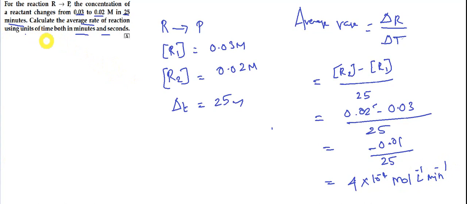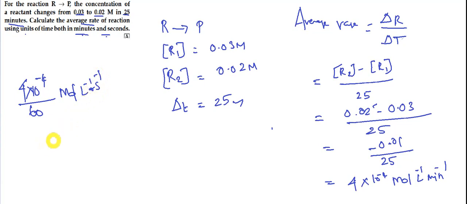But they're asking for minutes as well as seconds. So we have to convert this into seconds. So this is 4 into 10 to the power of minus 4. For seconds, we have to divide by 60, right? Mole per liter per second.